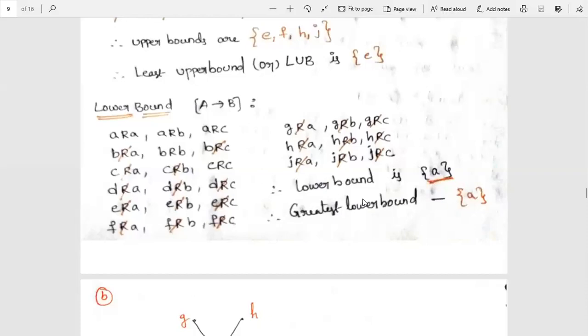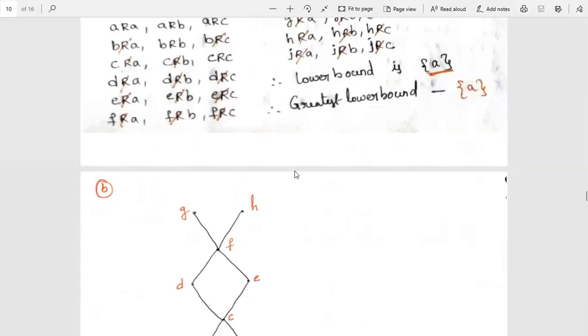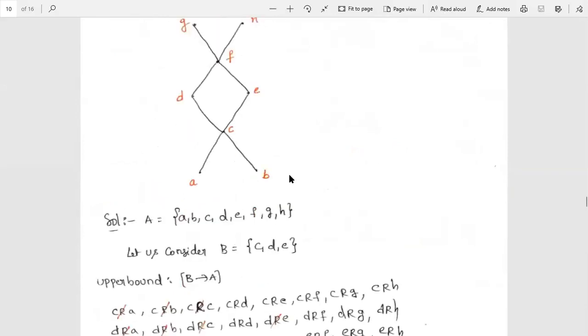Okay, this is how we calculate the upper bound, lower bound, least upper bound, and greatest lower bound of a given Hasse diagram. Okay, we go for another example. So here it is.